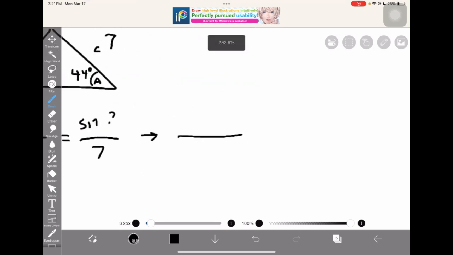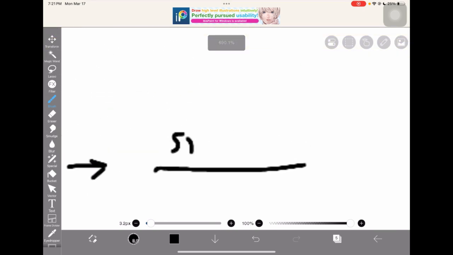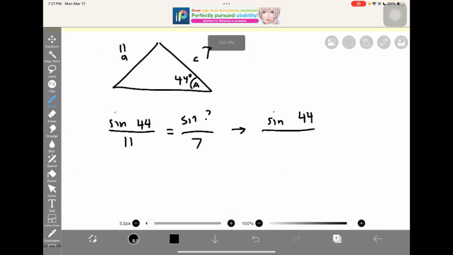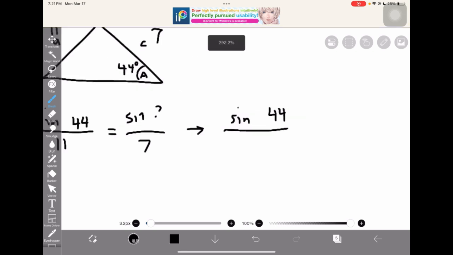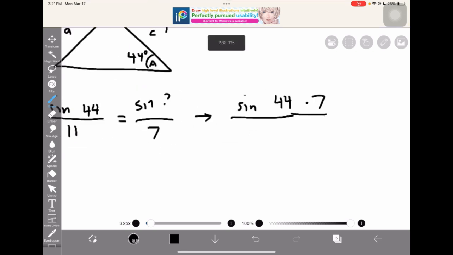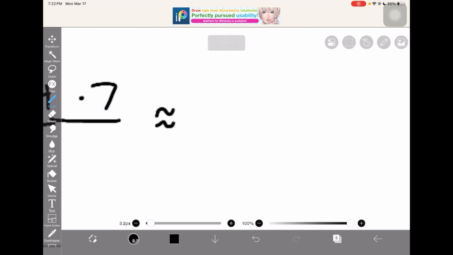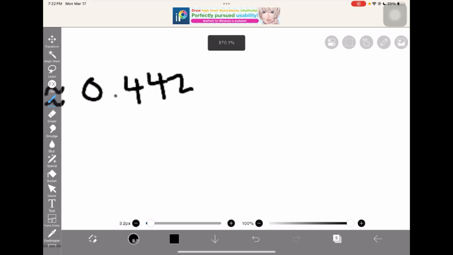That'll become sine 44 times 7 over 11. Sine 44 times 7 all over 11 is approximately equal to 0.442. Then just keep that answer.